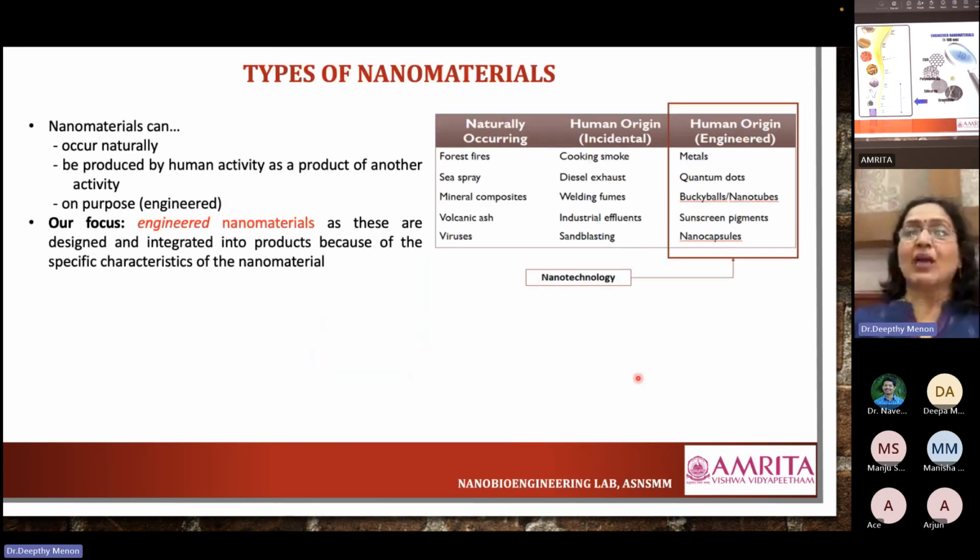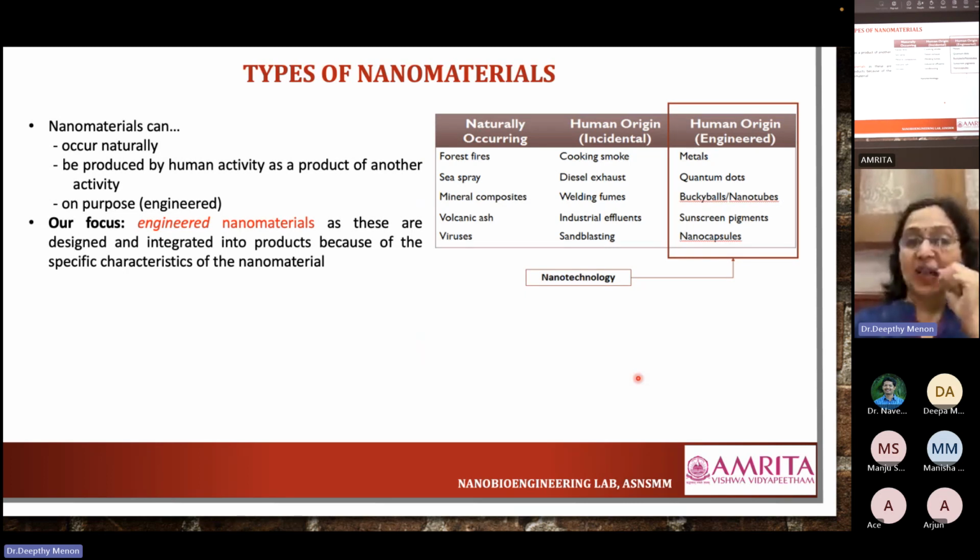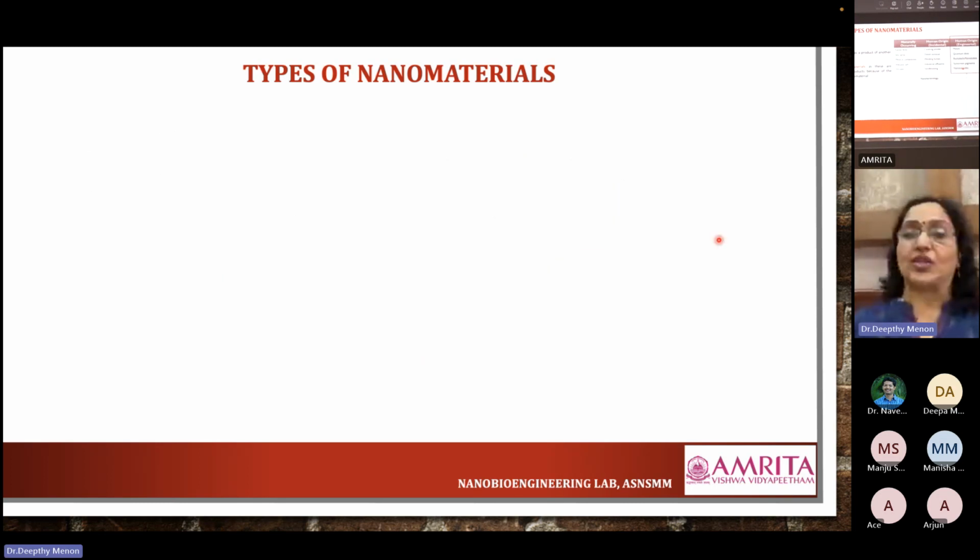Engineered nanomaterials are the ones that are not available in nature. We are designing and integrating the products because of the specific characteristics of the nanomaterial. It is of human origin, which is engineered. It can be metals, quantum dots, nanotubes, nanocapsules, everything engineered using nanotechnology.